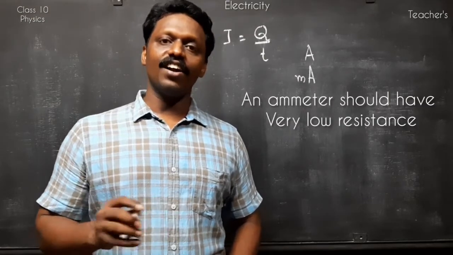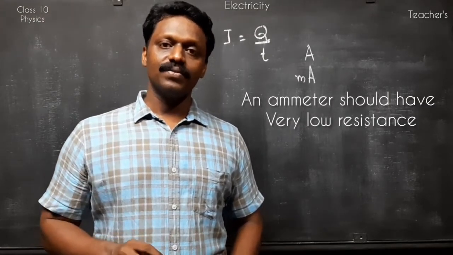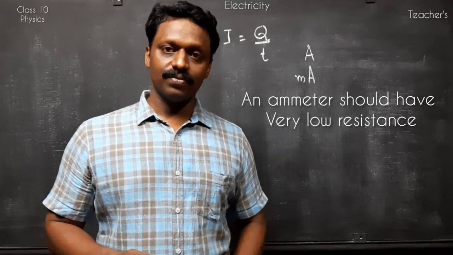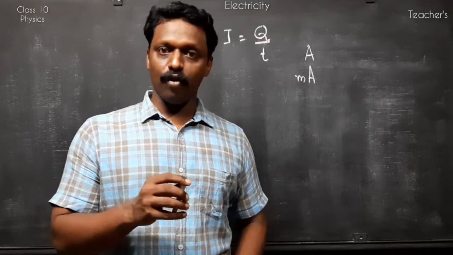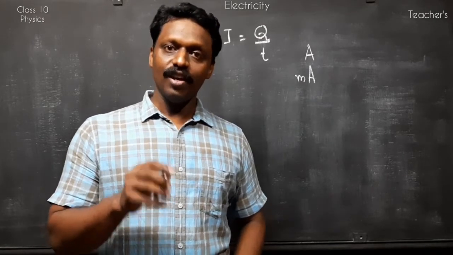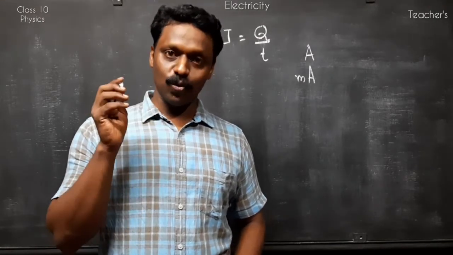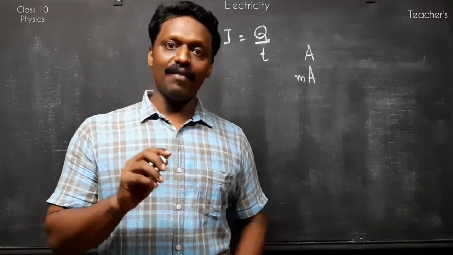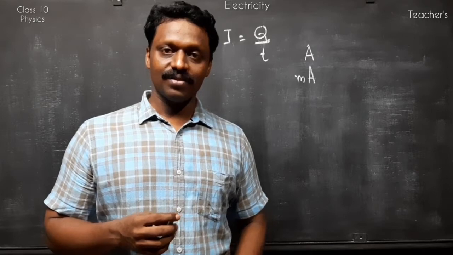Since the entire current passes through an ammeter, therefore an ammeter should have very low resistance. If you remember from our previous session, the voltmeter, which is to be connected in parallel to measure potential difference across two points, should have a large resistance.